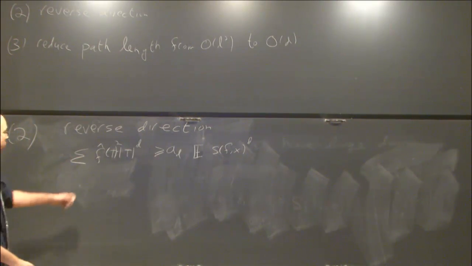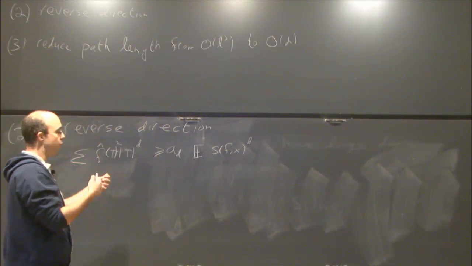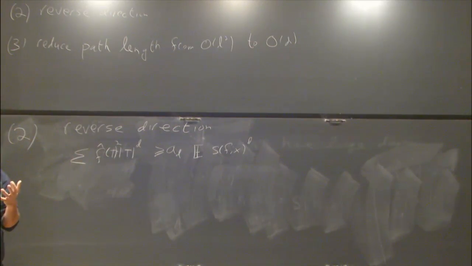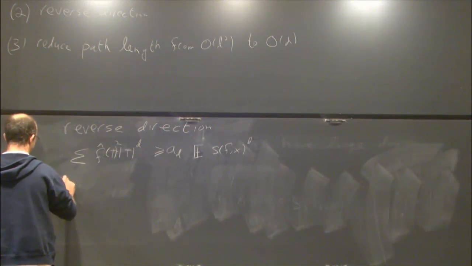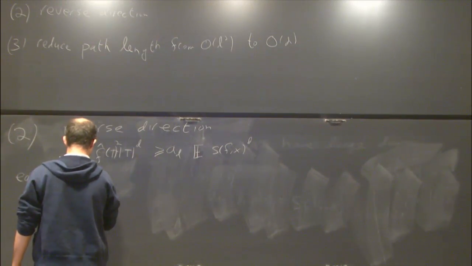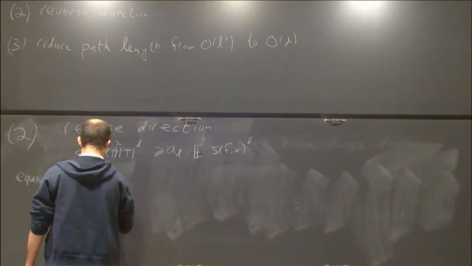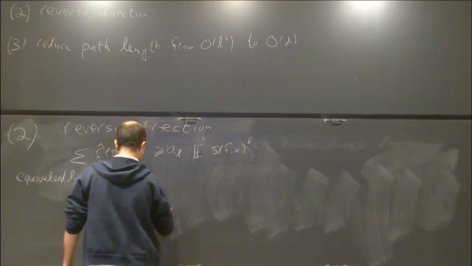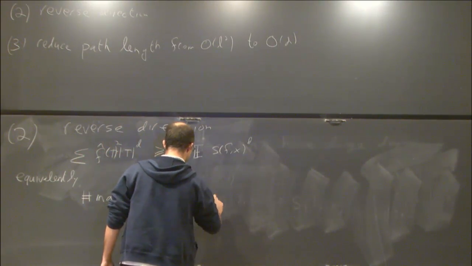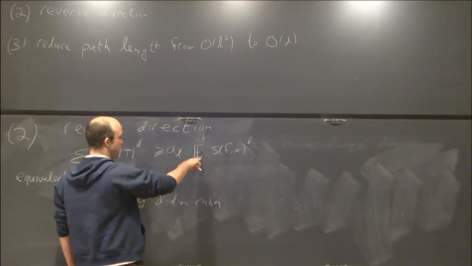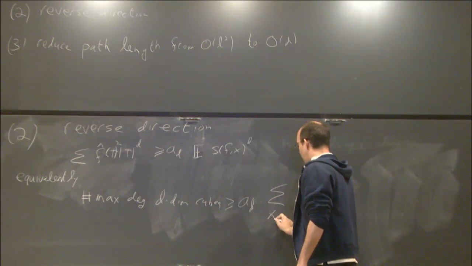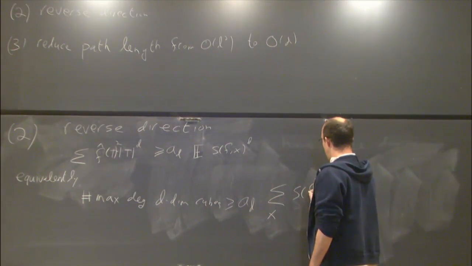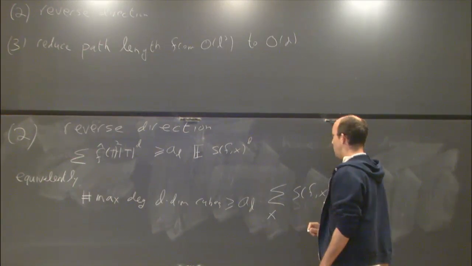And we know that this expression, after the scaling of 2 to the n, is the same as counting d-dimensional cubes of maximal degree. So equivalently, the number of maximum degree d-dimensional cubes, with this normalization, is larger than some constant times the sum over all x of the sensitivity of f at x to the d.